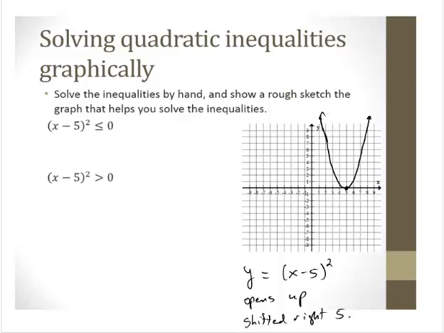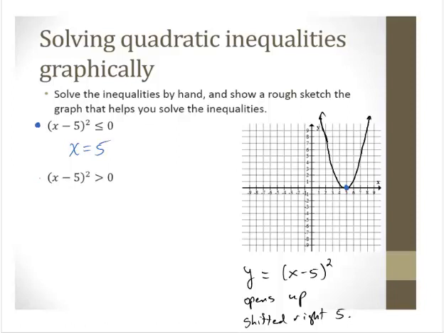All right, so now, where is x minus 5 squared less than or equal to 0? Well, it's never less than 0. Is it ever equal to 0? Well, it's only equal to 0 at this one point. So x minus 5 squared is less than or equal to 0 only has one solution at x equals 5.